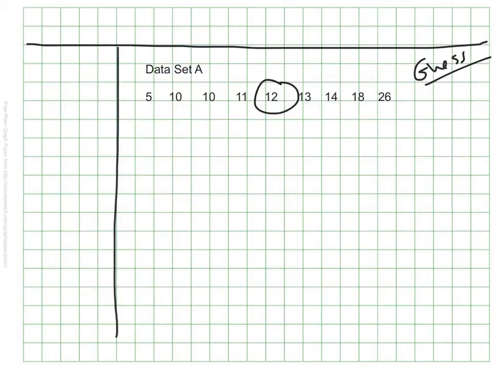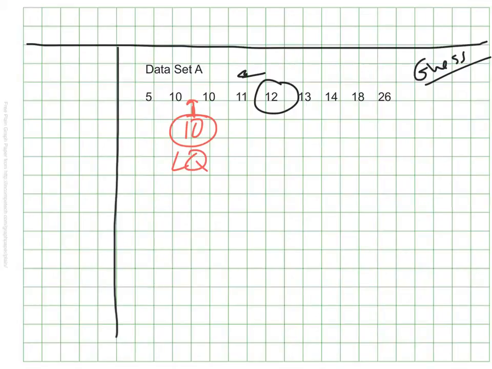So I'm going to start first by looking to the left and looking to see what is the halfway point of the first half of the data. So I can see to the left of the median there are 4 numbers, which means the middle is right here in between these 2. And in between 10 and 10 is still 10. So this is my lower quartile.